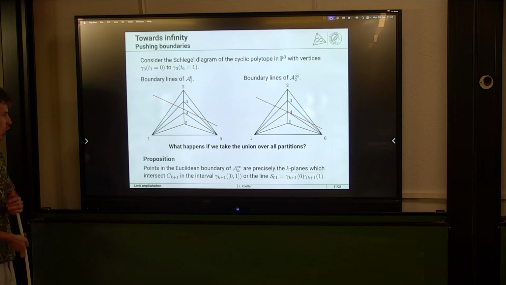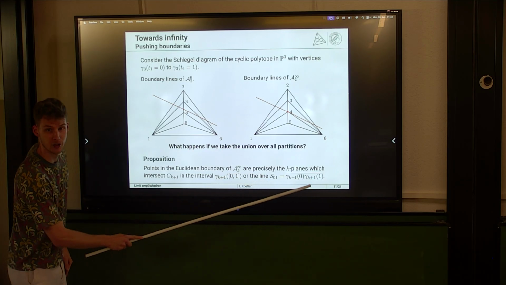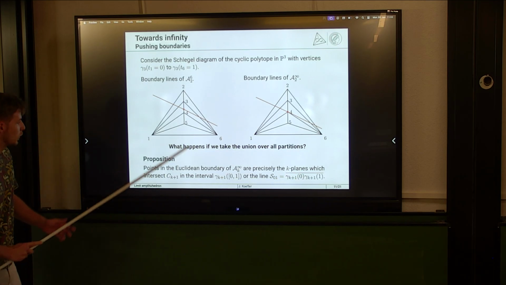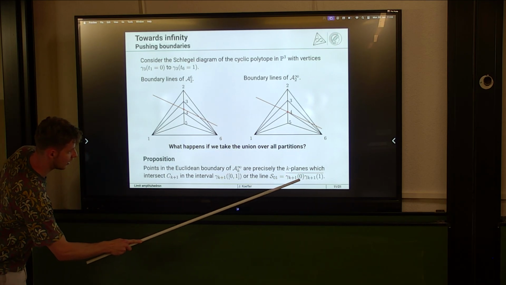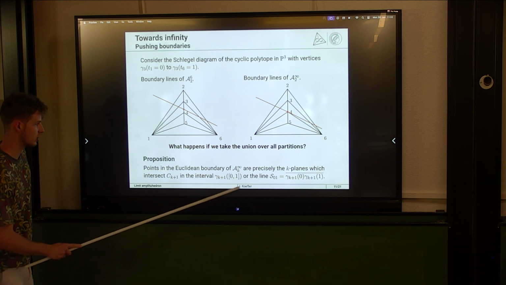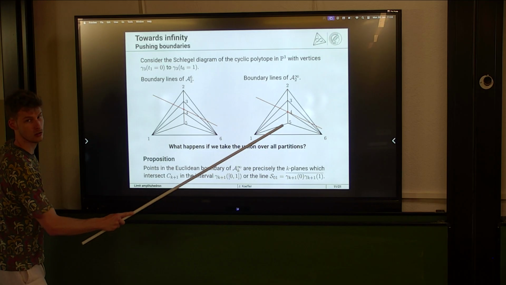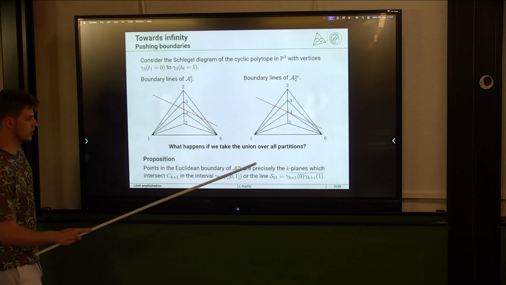Or, a mouthful, again, there is the special line you're pointing out, because we always fixed our interval to be 0 and 1 and our partitions to contain the points 0 and 1, so we might as well meet this point as well. I mean this line, sorry.